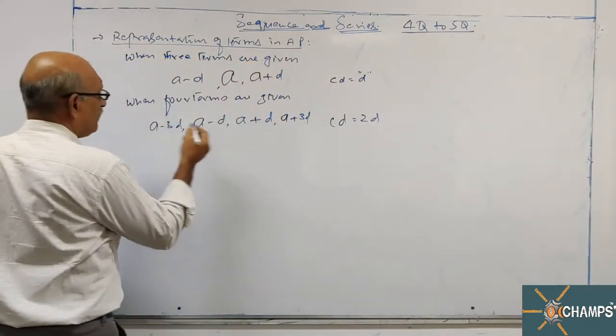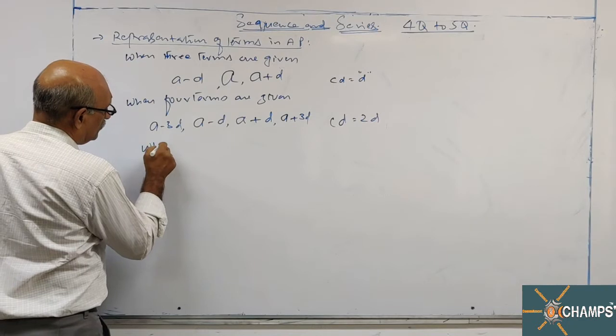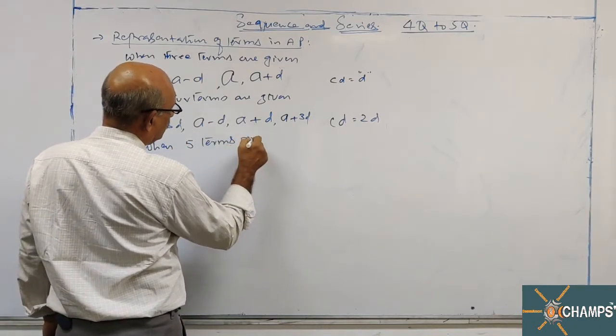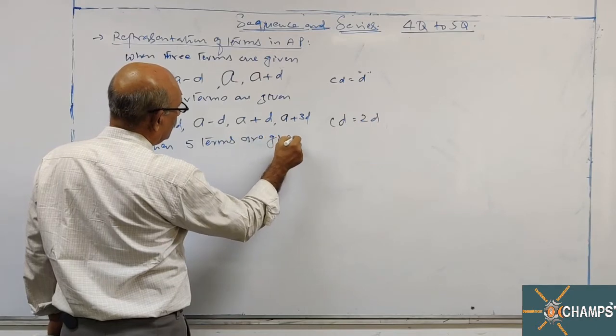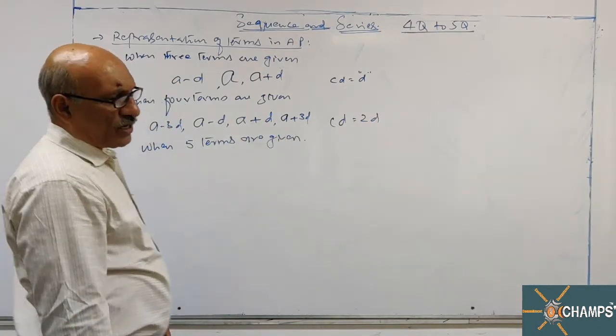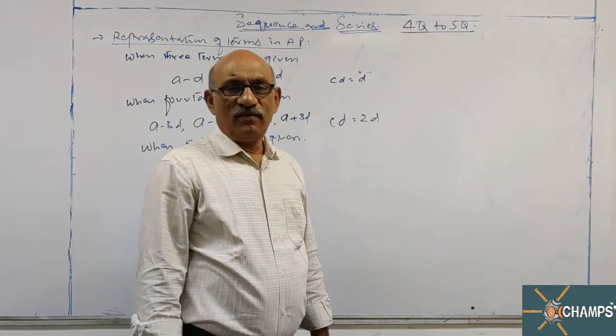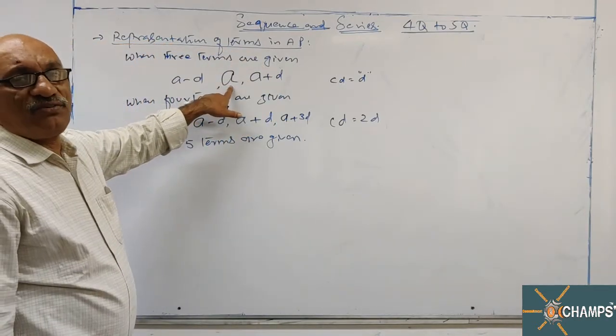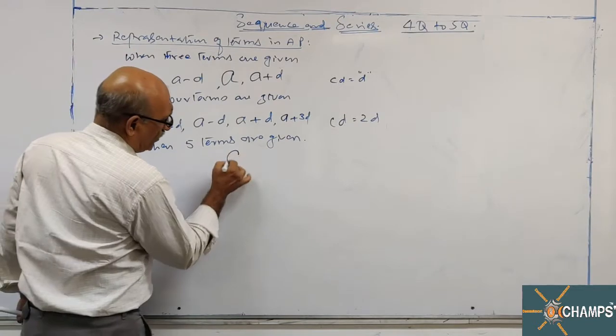When 5 terms are given, 5 is an odd number, and the discussion for an odd number of terms is as above. There is one middle term.